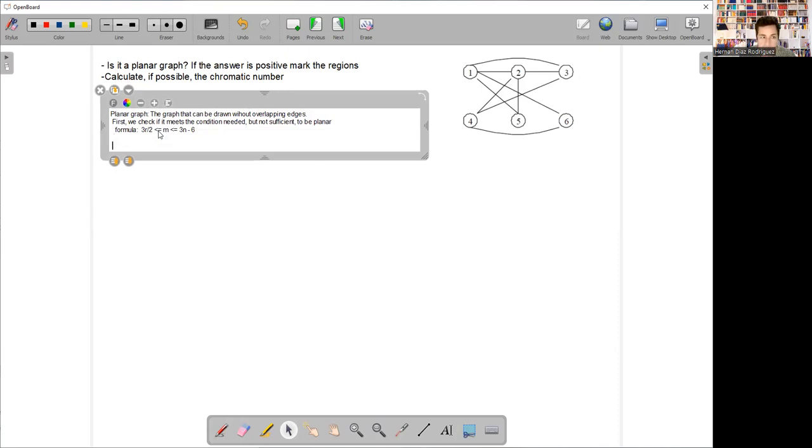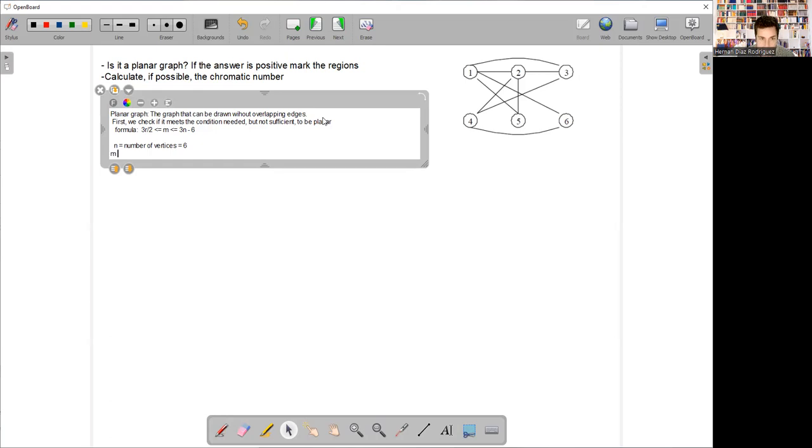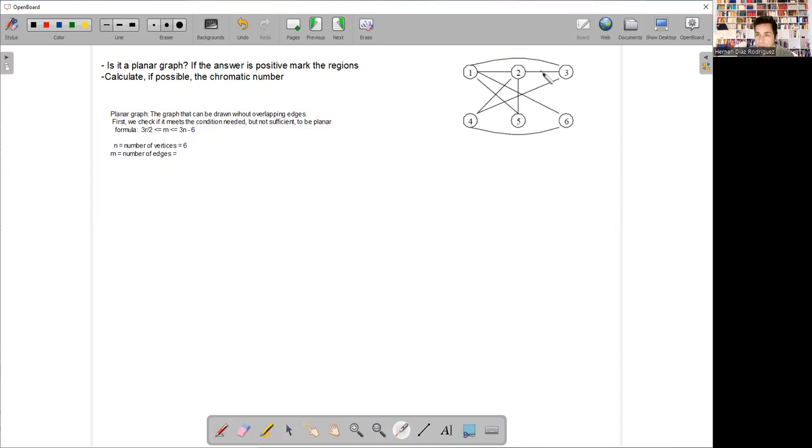And in this case, n is the number of vertices of the graph, right? In this case, we have 6 vertices. M is the number of edges, and in this case, we have 1, 2, 3, 4, 5, 6, 7, 8, 9 edges.